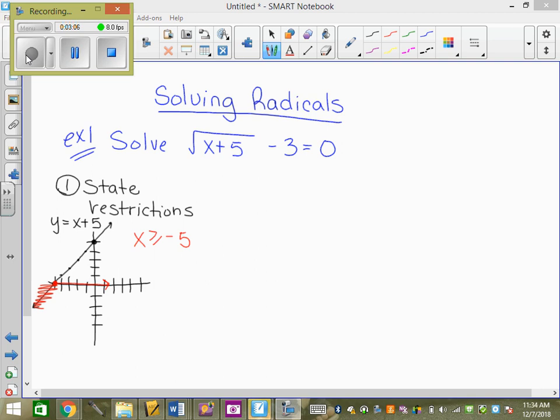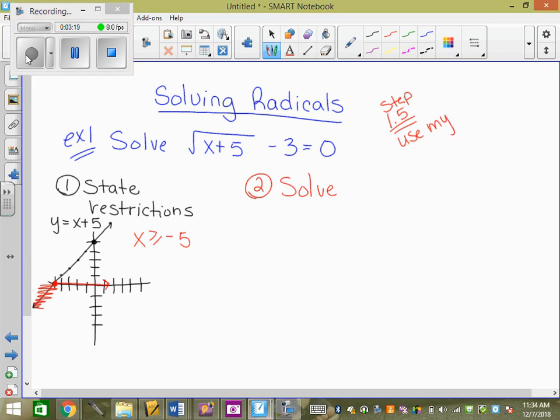Step 1, state restrictions. Step 2, solve. Before I solve, though, I do a step 1.5. Use my calculator and find the answer so I know where I need to go.